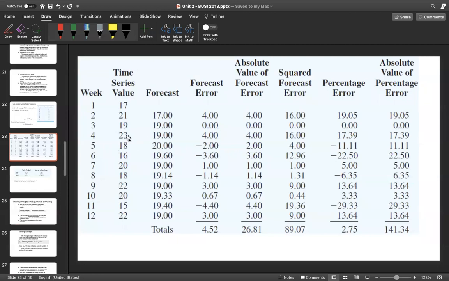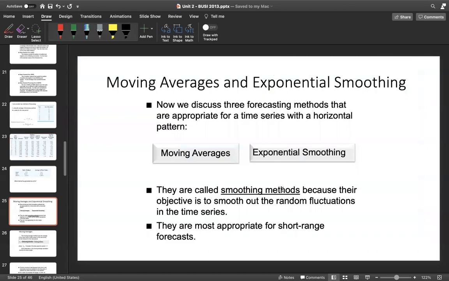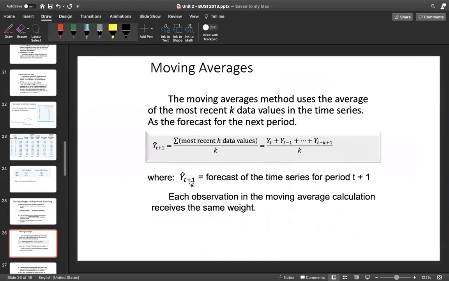If you plot these two on top of each other, you see the forecast is a smoothed version of the time series, the actual values. So that's the reason behind the name smoothing. Exponential is a specific method we use to make the plot smooth, and we have a formula for that.